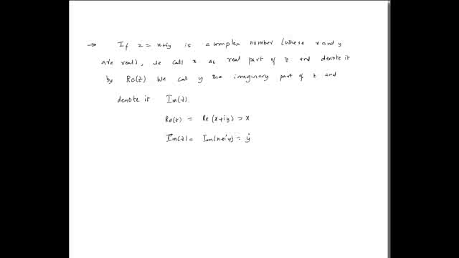We also call y the imaginary part of z and denote it as Im of z. So the real part of x plus iy is x, and the imaginary part of z is y.